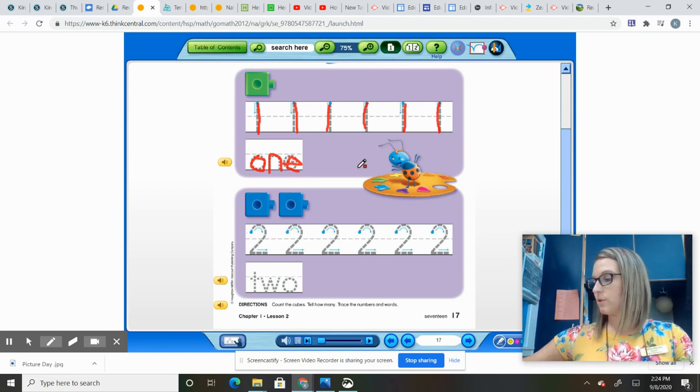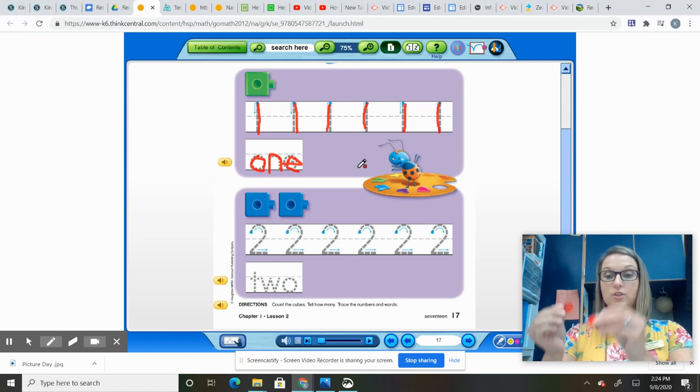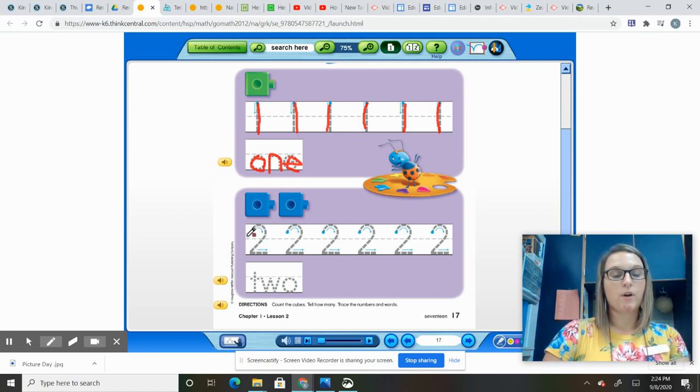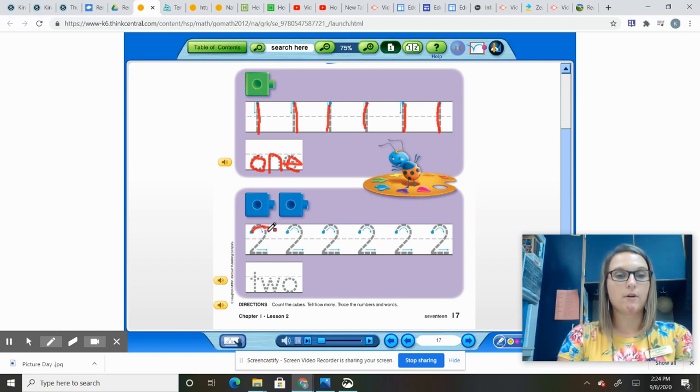So the number 2 is represented by 2 dots, 2 things, is represented by a number that looks like this. It's the 2, it's half a heart and then a shoe. Half a heart and then a shoe makes the number 2.